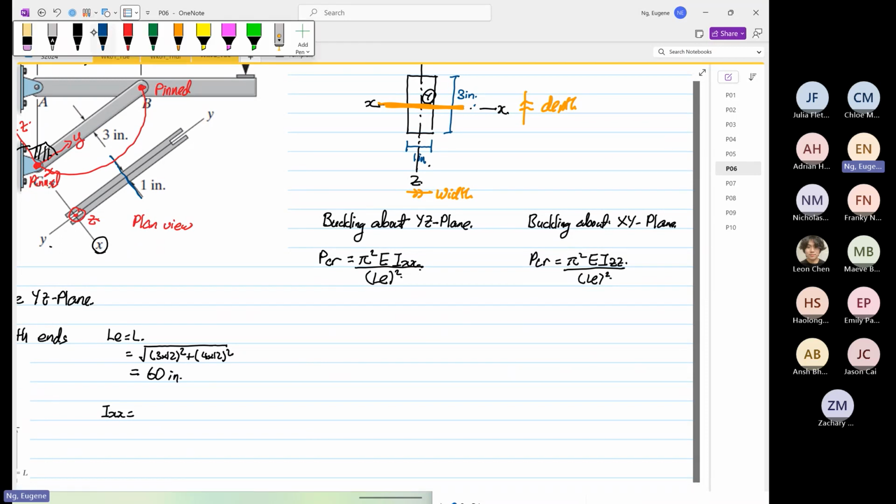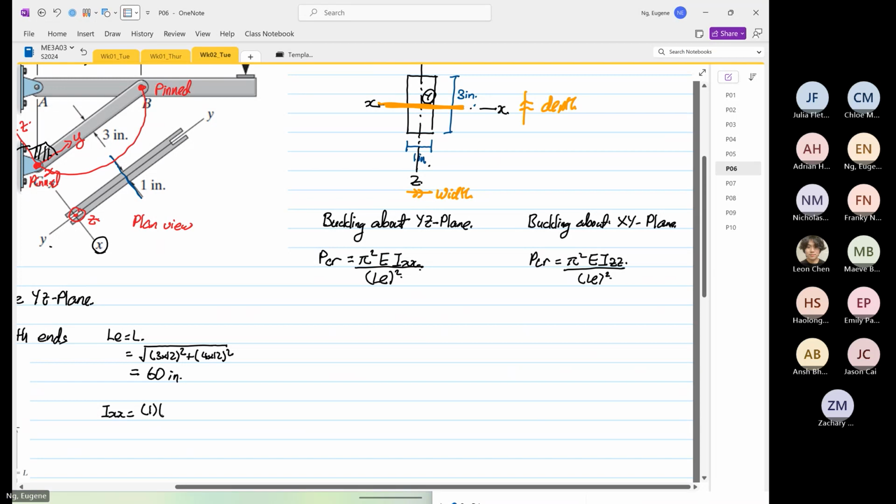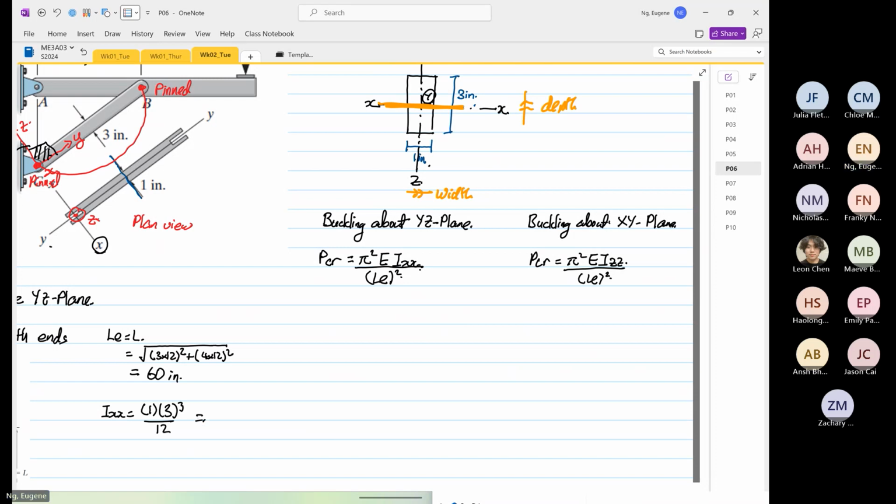So IXX, the width is equal to 1. The depth is 3 cubed divided by 12. Okay, so 1 times 3 to the power 3 divided by 12 is equal to 2.25 inches to the power of 4.